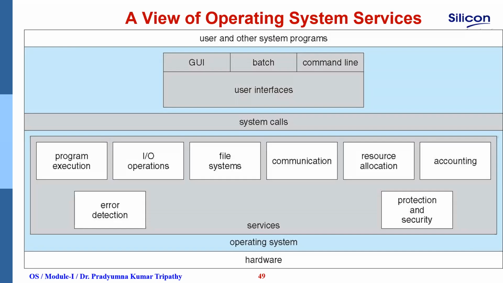I will give an example also, but for now remember that the user interface, to get help from a service, has to invoke a system call. There are a lot of system calls, and it has to select a particular system call and invoke it. Is that understood, everyone, or does anybody have a doubt on this slide?